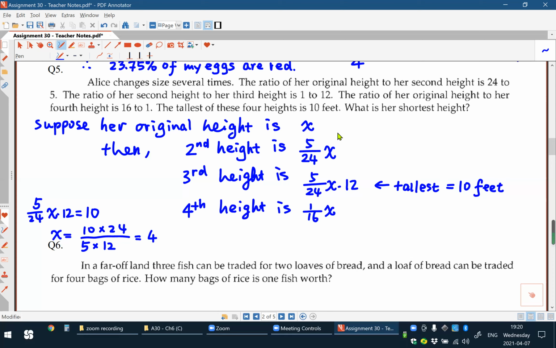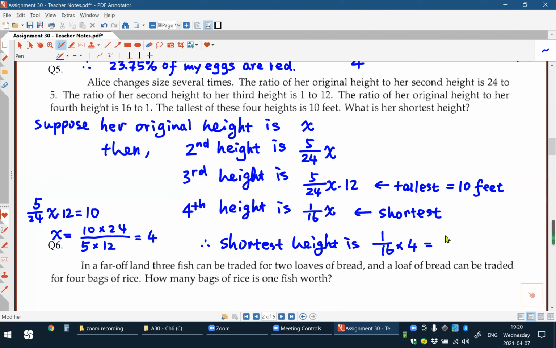Of these 4 heights, which one is the shortest? This one is the shortest, right? So the shortest height is 1/16 times 4, which is 1 over 4 feet. Okay, did you get it? Any questions?